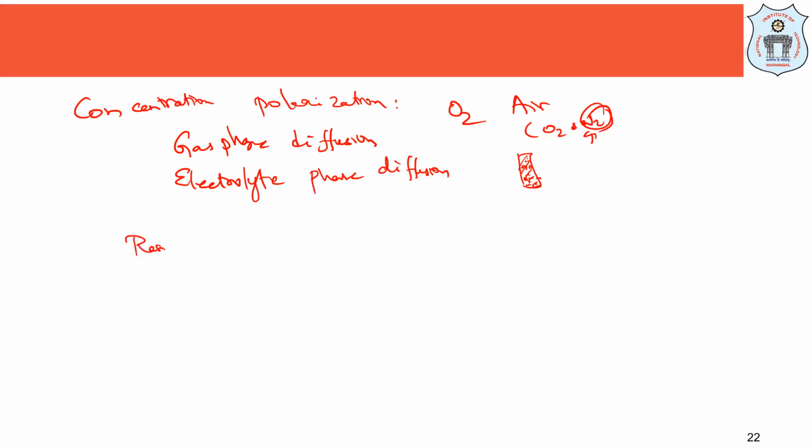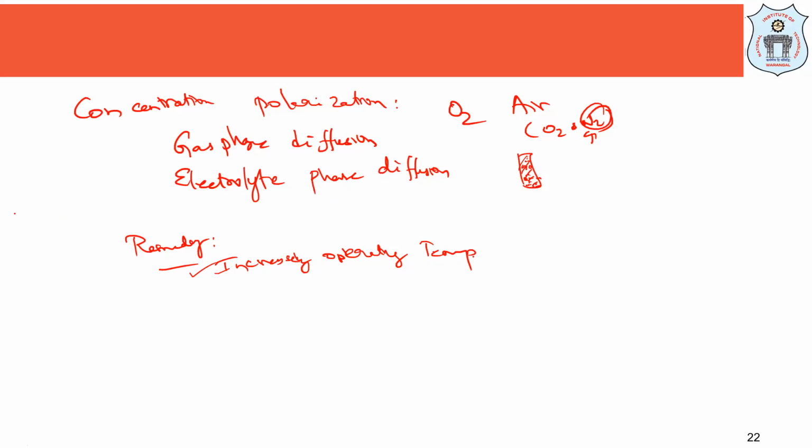How to overcome this type of concentration polarization: we can increase the temperature for gas side concentration polarization. Increasing the temperature will increase the movement of the gas molecules. We know that. Remember, for all types of polarization, one of the remedies is increasing the operating temperature, right?